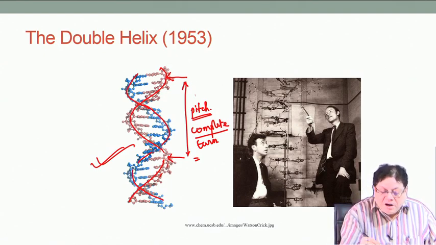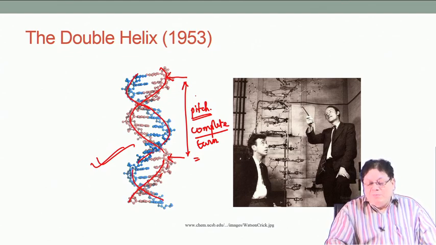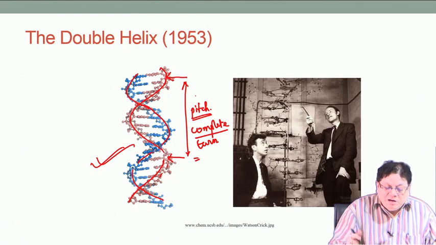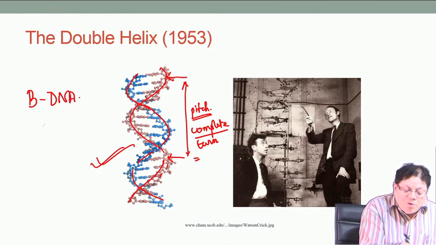In the case of the DNA used by Watson and Crick, it is called B-DNA. There are different kinds of DNA: one is B-DNA, another is A-DNA, and another is Z-DNA.